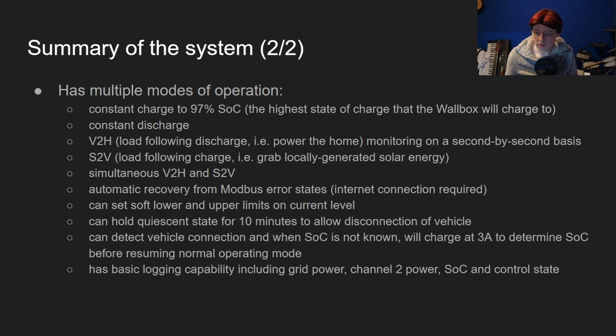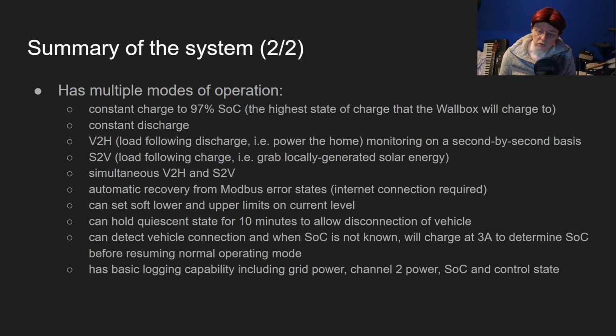And there's also S2V, solar to vehicle, which is if you're generating power locally, that will usually be from solar. It can take that into the car and it'll do the same thing. It'll basically charge at the right level of current so that the power isn't exported to the grid.